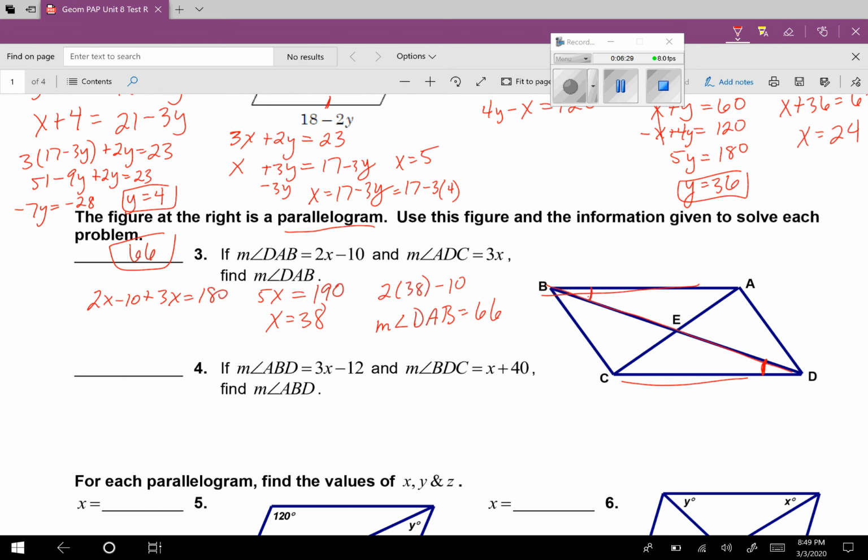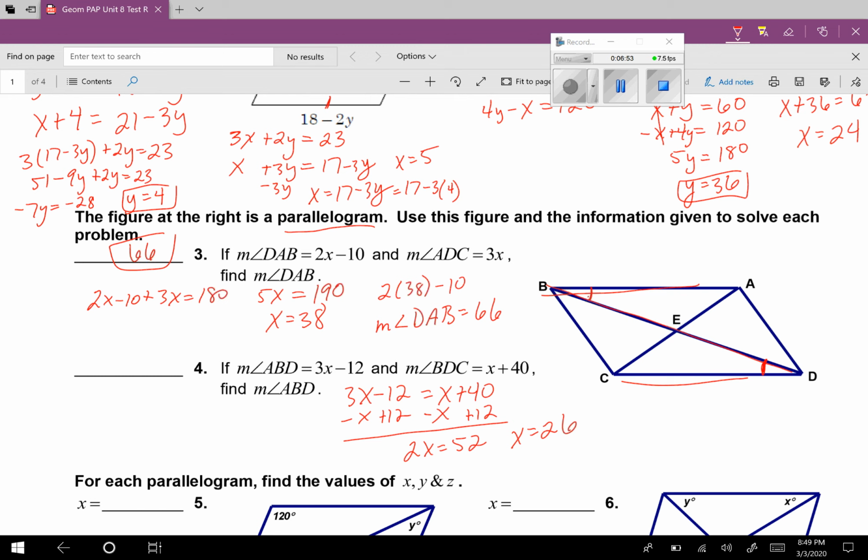So these two angles are actually congruent. So 3x minus 12 should be equal to x plus 40. Minus x, add 12, add 12. So 2x is equal to 52. So if you take 52 and you divide it by 2, you will get that x is 26.